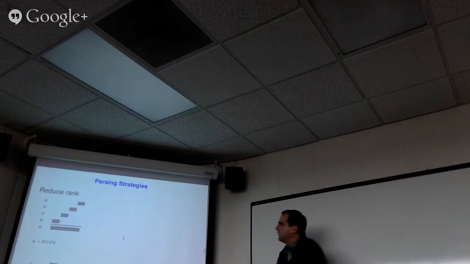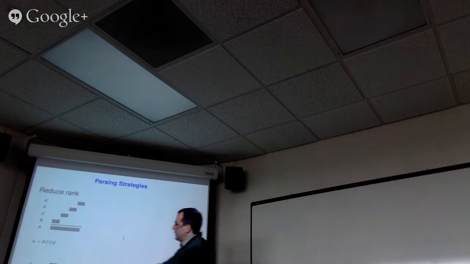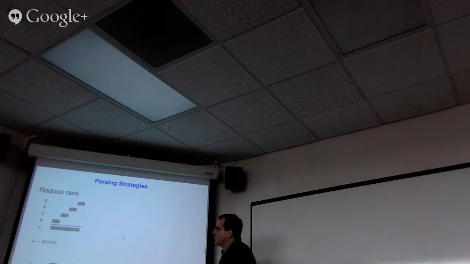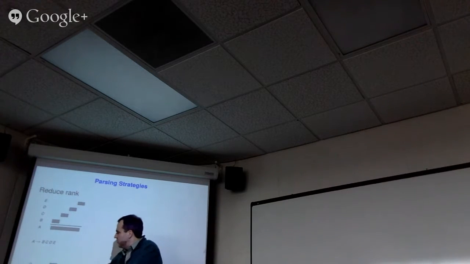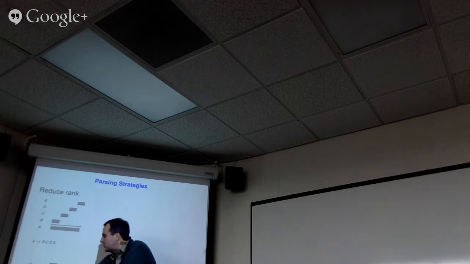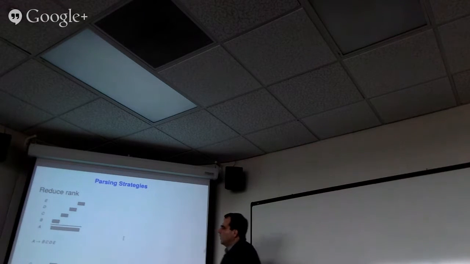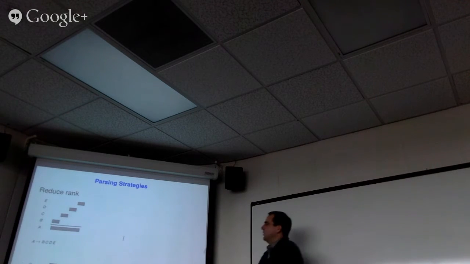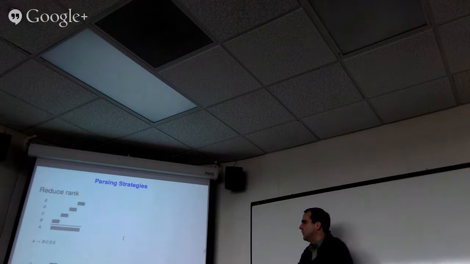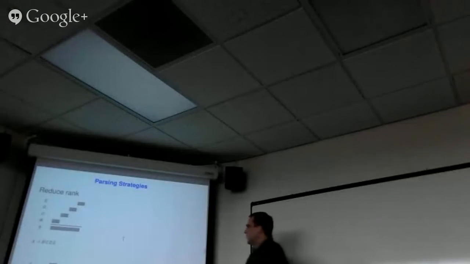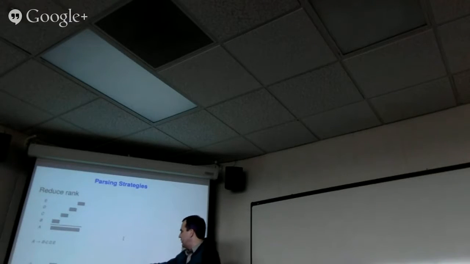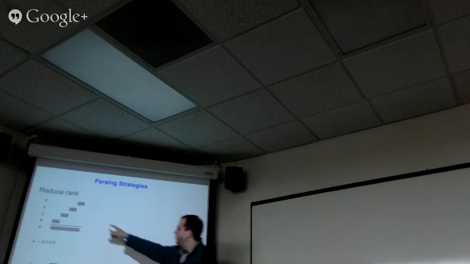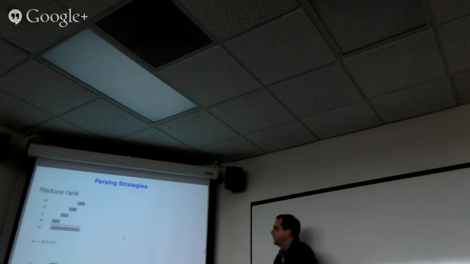You can break it down into steps. So the first step is you combine the B and the C, the first 2 symbols from the rule, and you make some intermediate results. You make some new non-terminal. When you're parsing, you make some intermediate entry in your table that says I found B and C so far, found X so far. And you keep going, you combine what you found so far with the next non-terminal from the original rule, and then you're done.